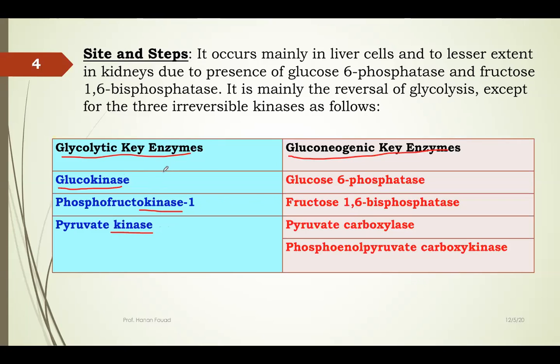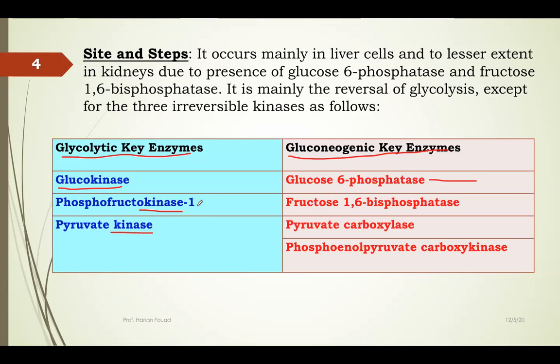To reverse glucokinase, the body synthesizes glucose 6-phosphatase enzyme. This means that this enzyme is not present normally in our body, not present normally in the cell. It is synthesized during fasting to reverse glucokinase. So glucose 6-phosphatase is a key enzyme of gluconeogenesis.